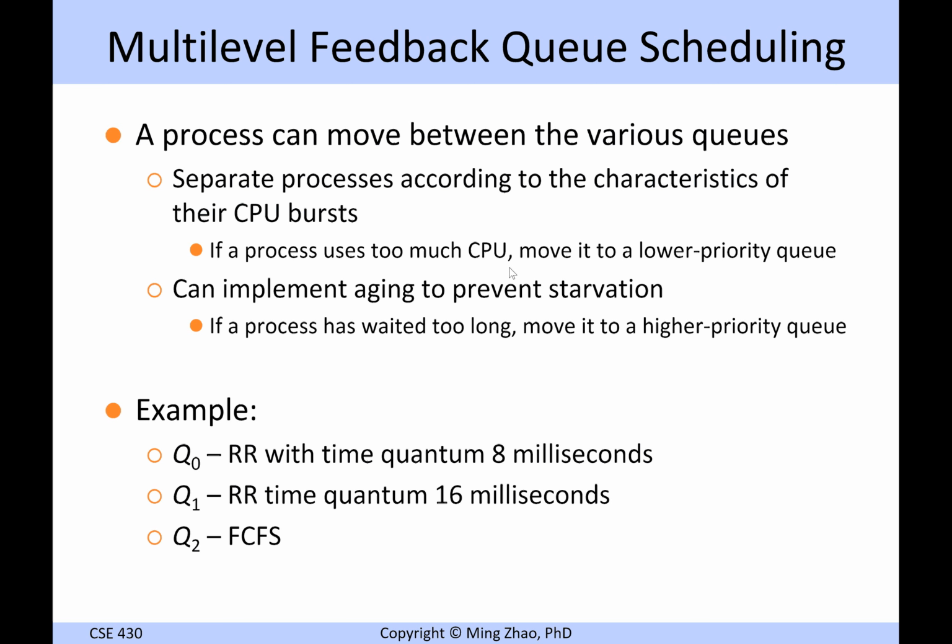Now, when we have multiple level queues, we move the process from a lower priority queue to a higher priority queue, so that in essence it also increases this process's priority. I hope I've made it clear. So this is just one way to prevent starvation.